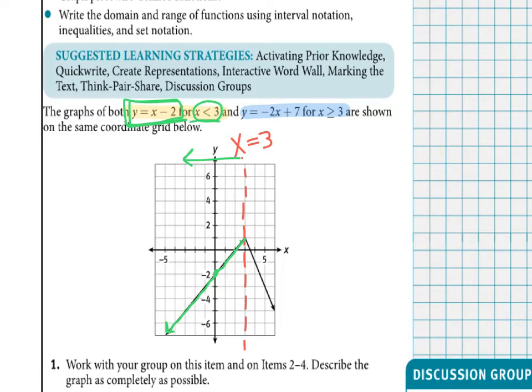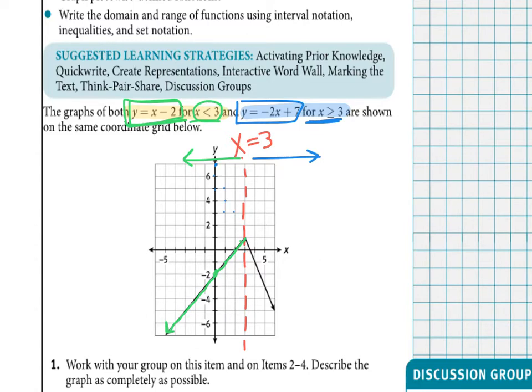This thing does not continue up here, right? That's not there. On the other side of 3, for x values bigger than or equal to 3, which is on this side, this is the equation of the graph. And as you can see, it would have a y-intercept up at 7, and its slope is negative 2.